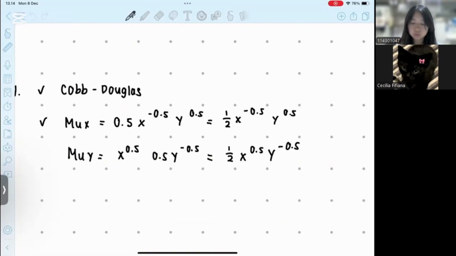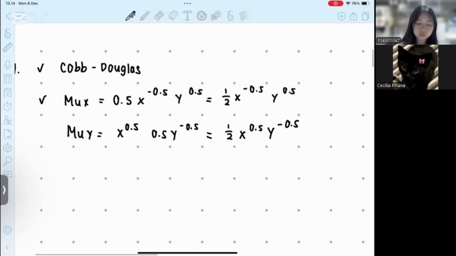To simplify it, I'll write it as 1/2 x to the power of minus 0.5 times y to the 0.5. And do the same for the MUy, which is x to the power of 0.5 times 0.5 y to the power of minus 0.5. And we write it as 1/2 x to the power of 0.5 times y to the power of minus 0.5.